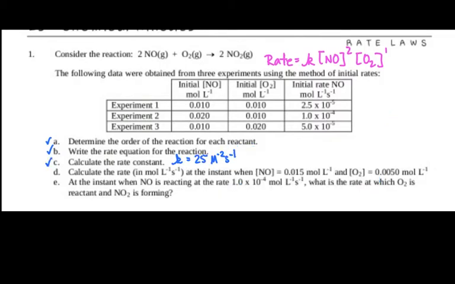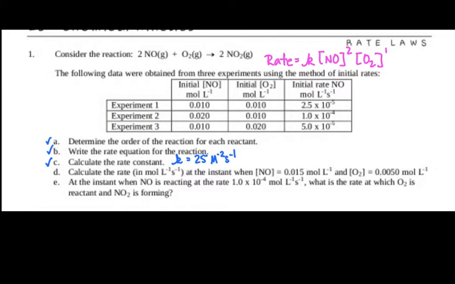Okay, and finally we're at part D. Part D is asking us to calculate the rate at which the nitrogen and oxygen are these concentrations. So we are going to now, unless the temperature changes, your rate constant will not change.